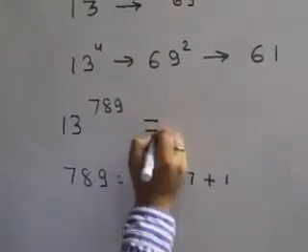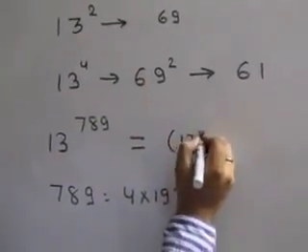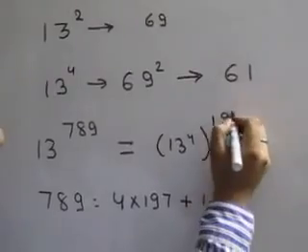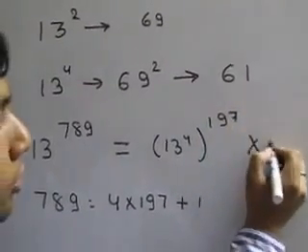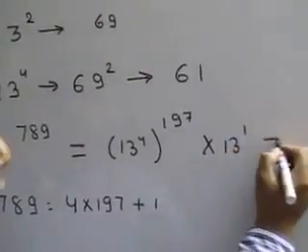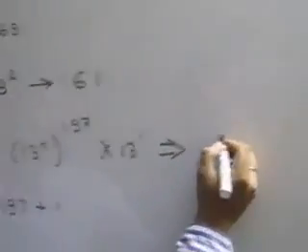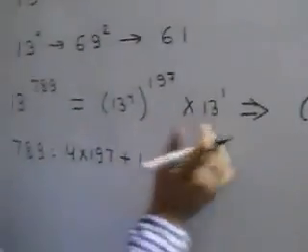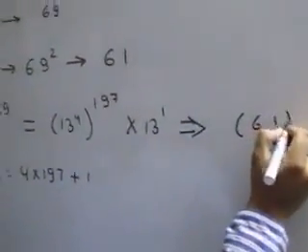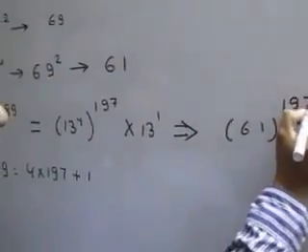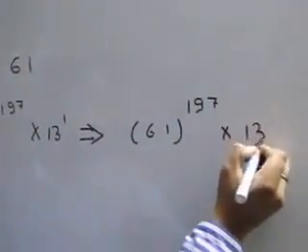Hence this given term we can write as 13 to the power 4, to the power 197, times 13 to the power 1. Or we can say the last two digits of this particular expansion are the same as those of 61 to the power 197 times 13 to the power 1.